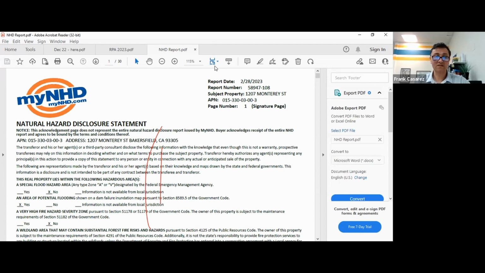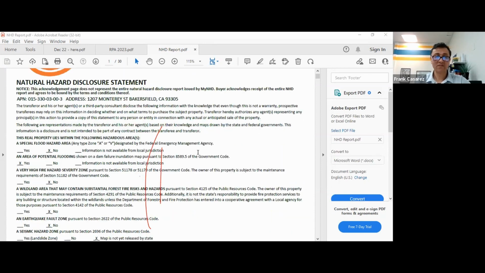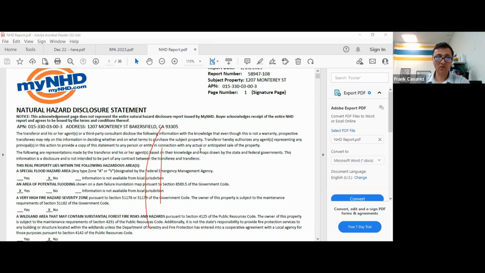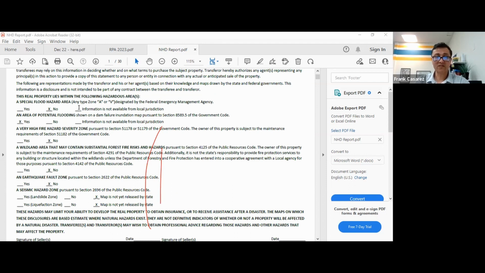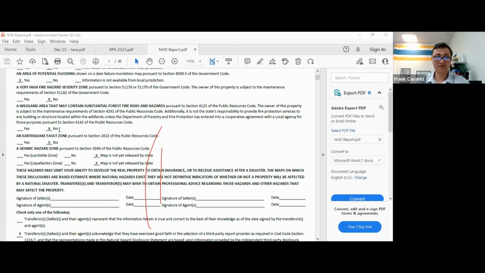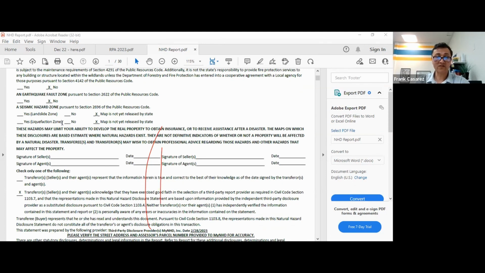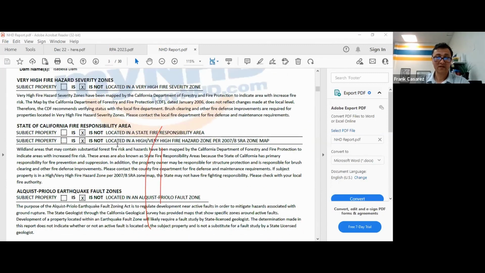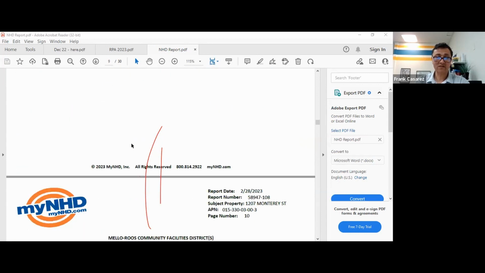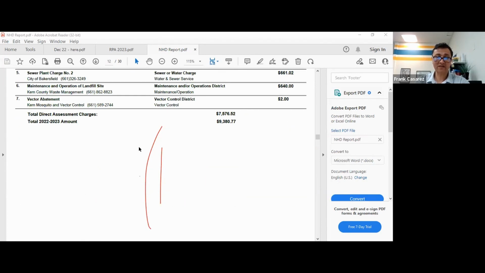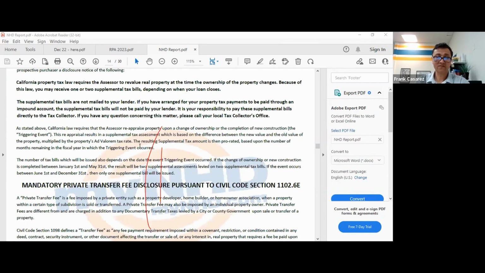It's a third-party report that tells you if the home is in a flood zone, a high fire zone, an earthquake fault zone, any potential hazards over an airport flight path, and so forth.